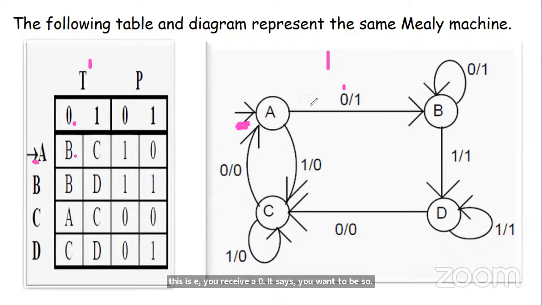Your output under 0 is 1. You are still at A. You receive a 1, you move to C. And what is the output here? 0. Output under 1 is 0. So that's how to convert that.